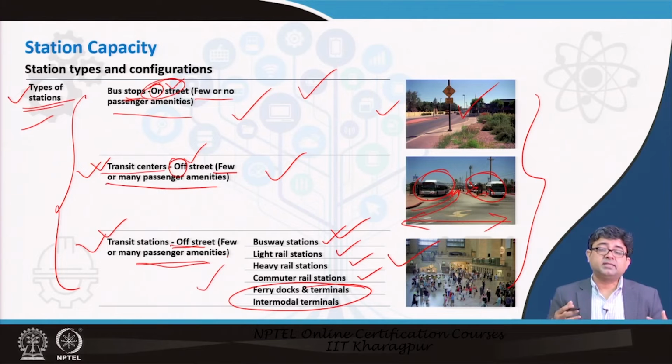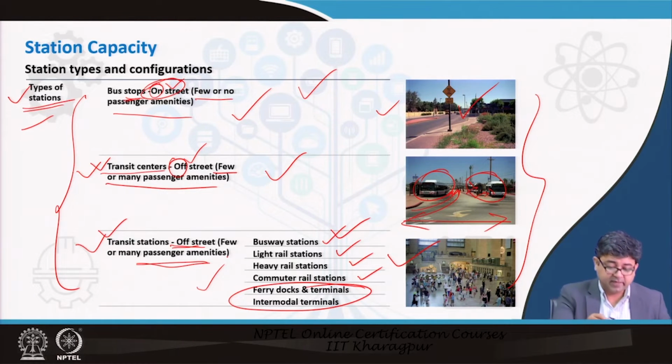These are capacities not only in terms of the number of passengers per bus that can be handled at these stations, but also purely the number of passengers that this facility can handle, and also the number of people that can get on and off a bus at these facilities.